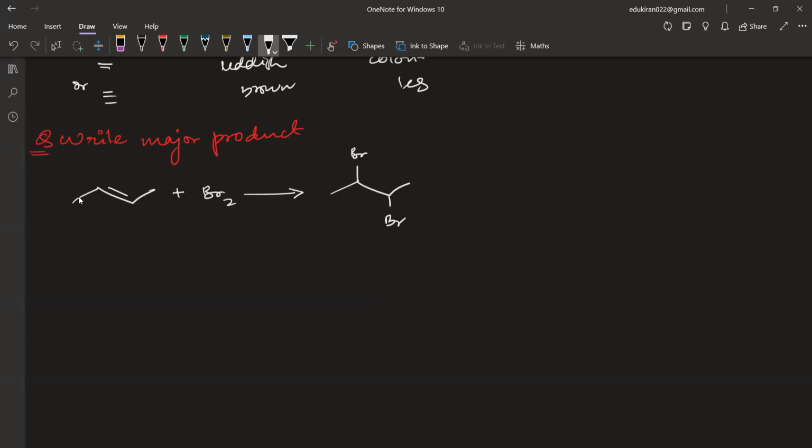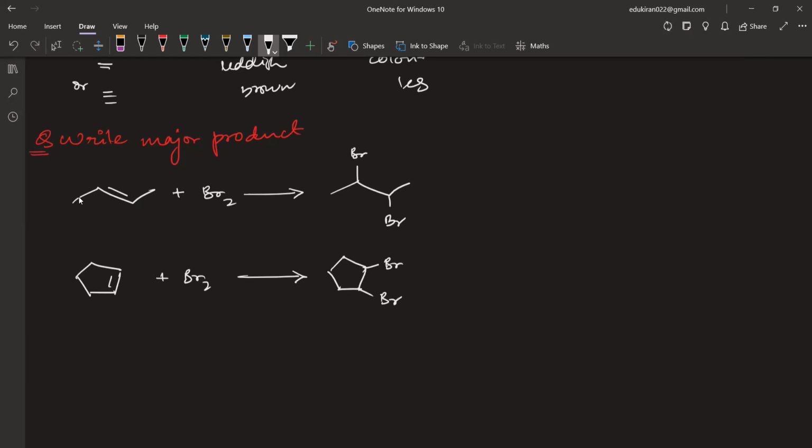But if you have something like this plus Br2, here also this particular pi bond will break. First of all, you have to break the bond and then you will draw Br and then Br.